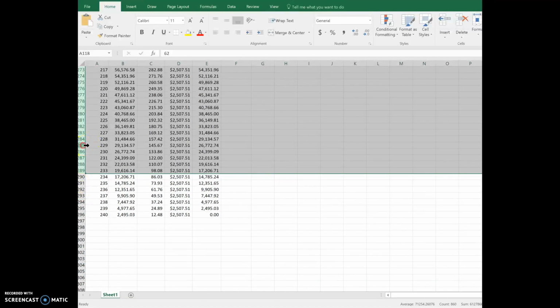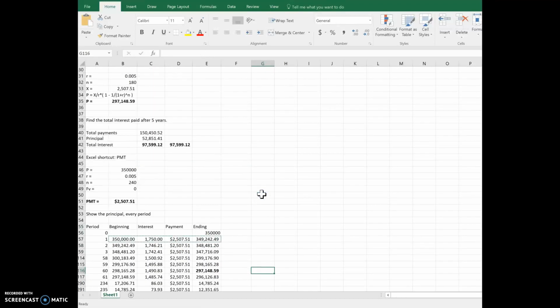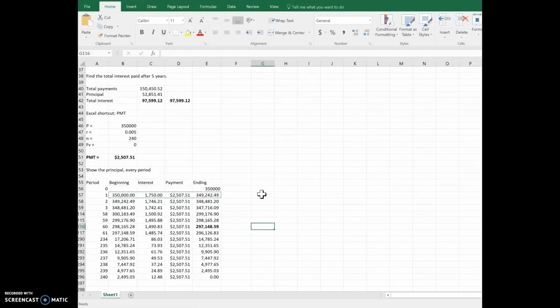So we can hide this. It is there, it's just hidden. As you can see here, at the end of 240 periods or 240 months, the balance should be 0. What else can we see here?